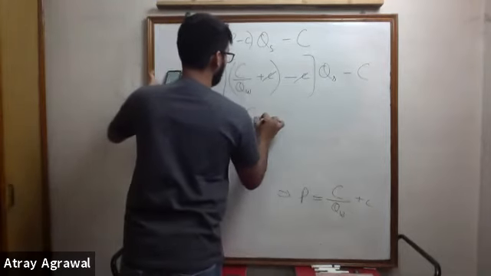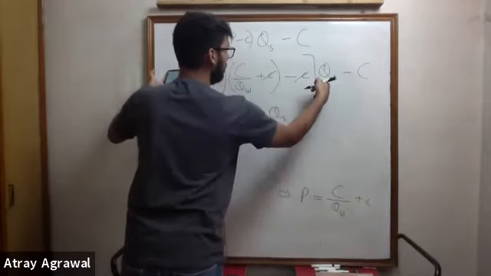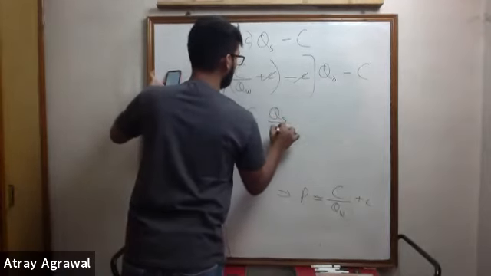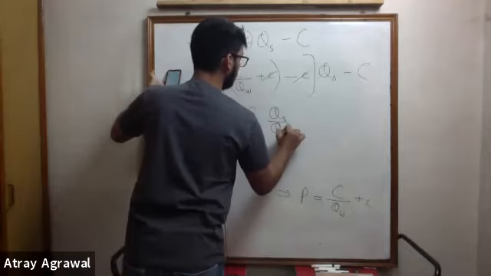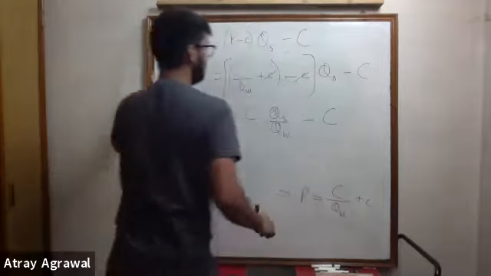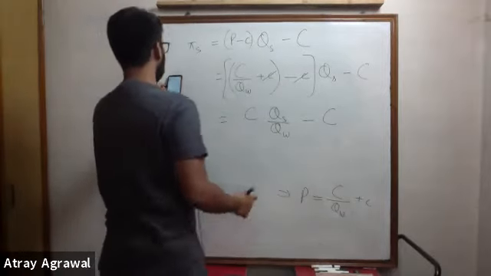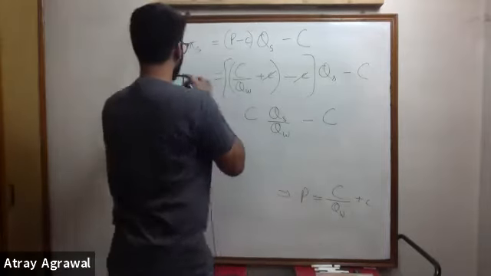So C into QS, which is quantity of the superior company or the strong company, upon quantity of the weaker company, minus capital C, right? So this is the relationship that we get out of both of them.